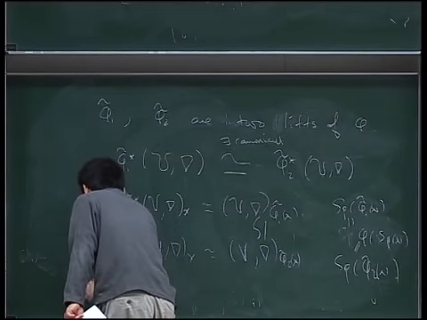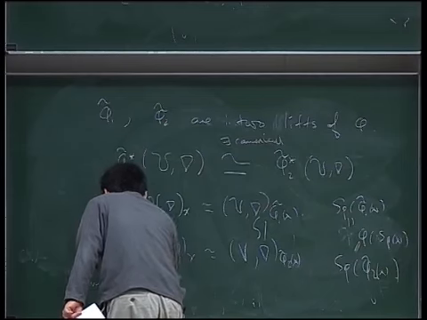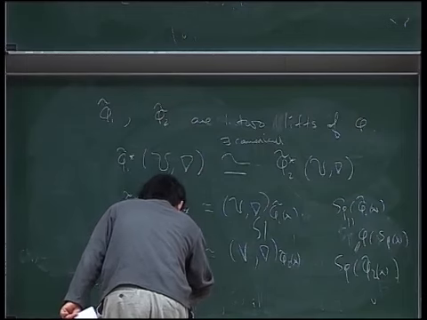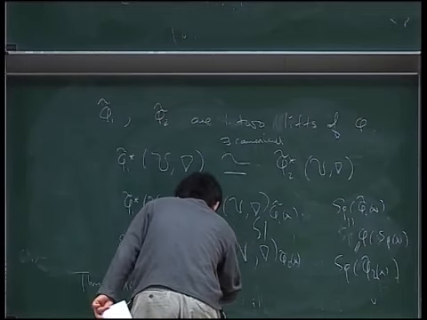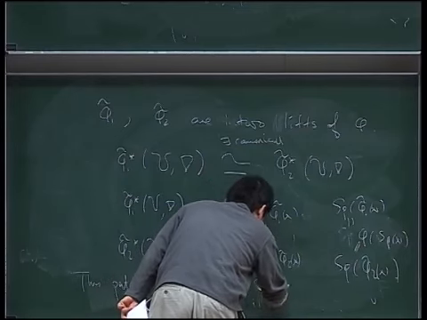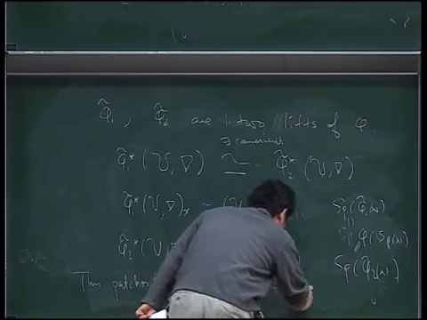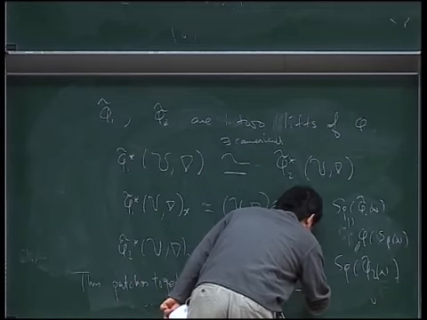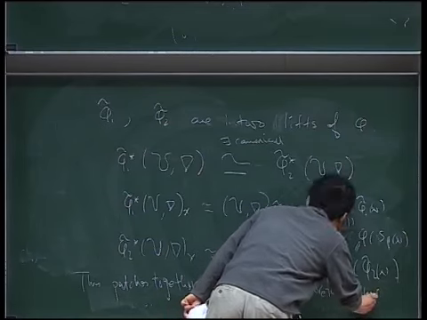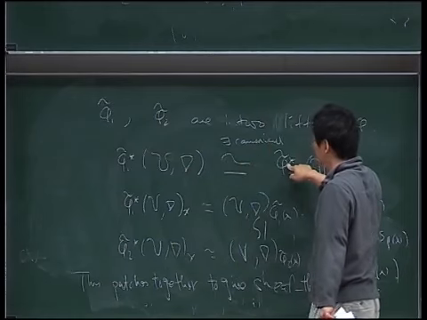So this patches together to give sheaf theoretic isomorphisms. So there's a canonical thing of this sort.